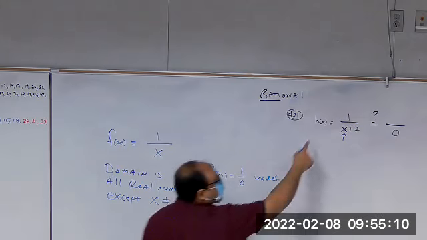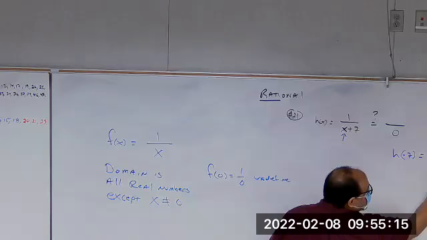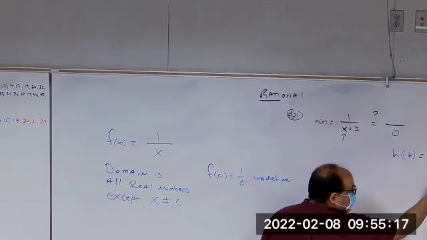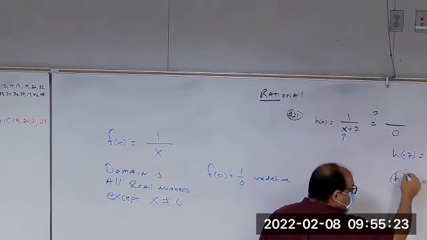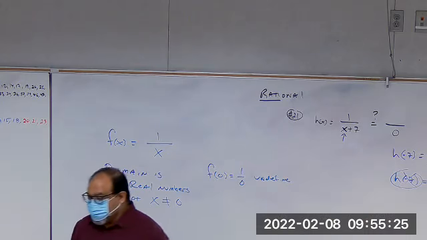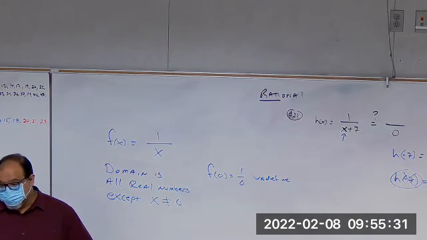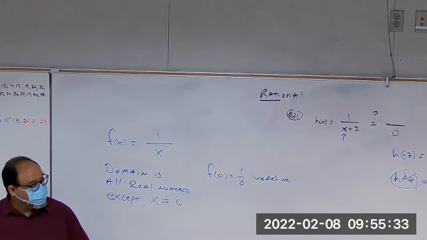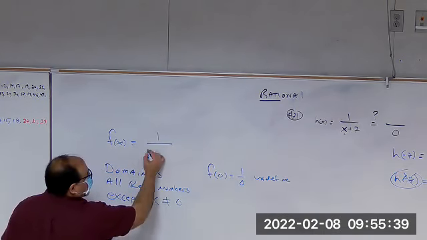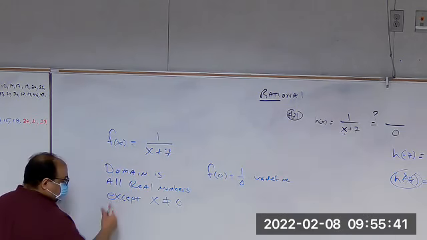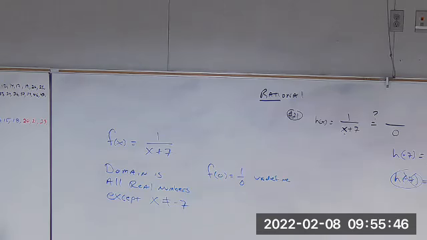If you plug in -7, h of -7, you get 1 over -7 plus 7. -7 plus 7 is 1 over 0. -7 bad. -7 is not allowed. Because if you use it, you get 0 down there. And that's not allowed. So we would say the domain for this one, x plus 7, domain is all real numbers, except you can't use -7 if we wrote it out.